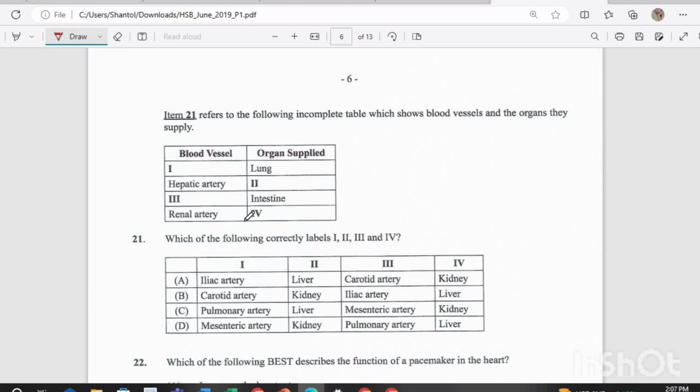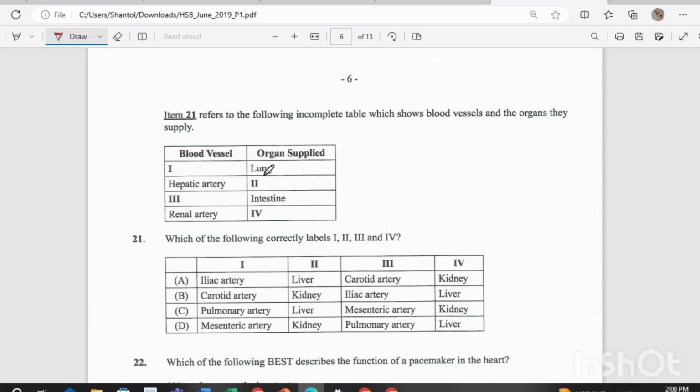Now all you have to do is search the table, see which one you know. You know the lung, which should be the most easily remembered part, and then look in your table for the artery or the blood vessel that you know is familiar with the lung. So it says, which of the following correctly labels part 1, 2, 3, and 4?